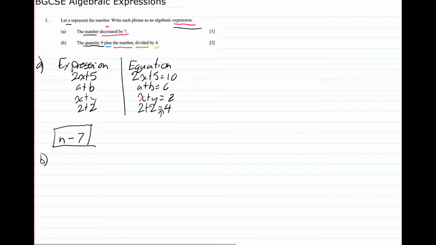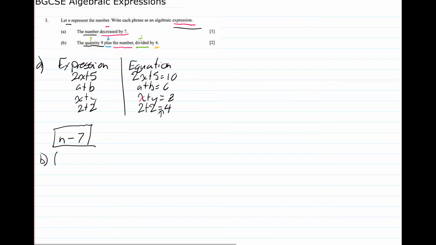We know what plus means, it just means addition. Divided just means you're dividing. But what does the quantity mean? Whenever I say the quantity of something, I just mean that whole quantity, whatever that total is, whether it's adding, subtracting, whatever it is, that whole total.